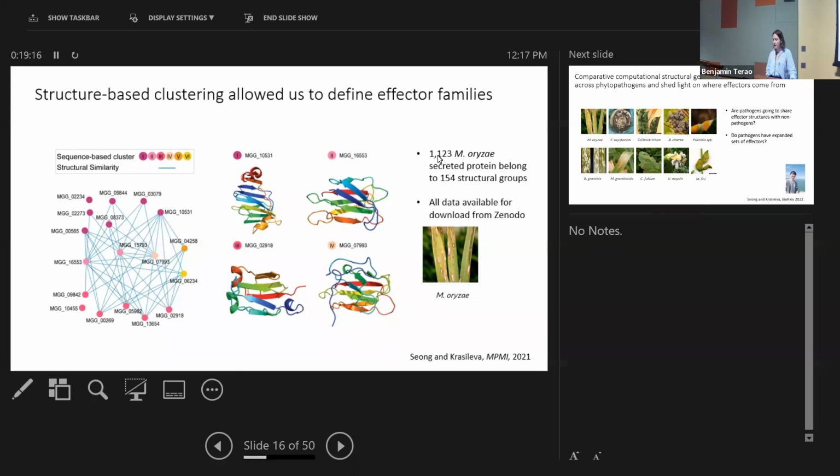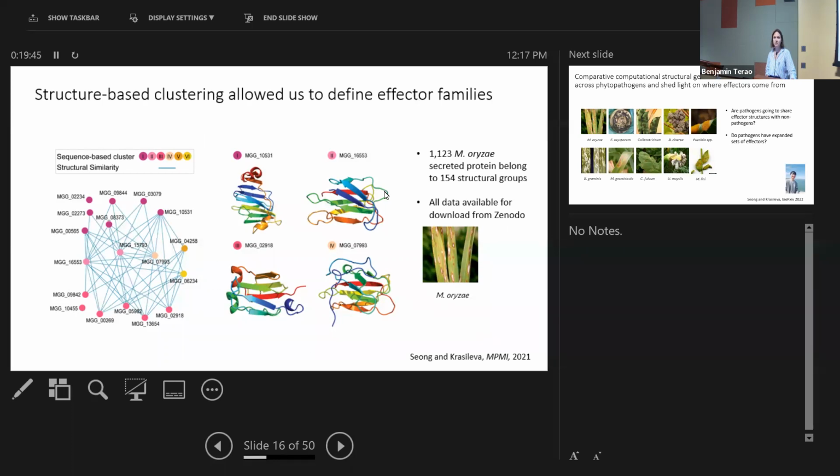He took 1,000 secreted proteins, predicted secreted proteins, from that pathogen, called Magnaporthe. He ran structure prediction on our cluster. He installed all the software, ran it, and then he wrote algorithms to compare the structures and cluster them, so that he could indeed identify sequence-unrelated effectors that have the same fold. On the sequence level, there would be 6 different clusters.